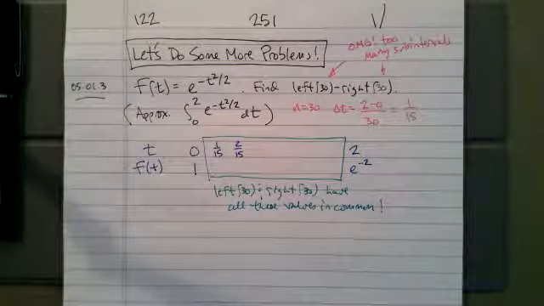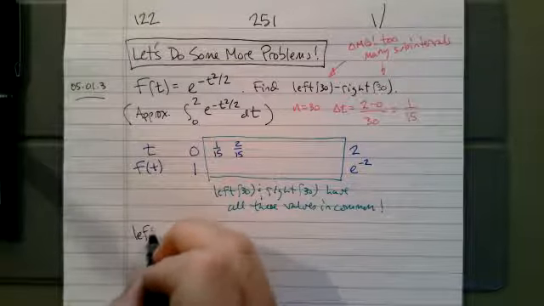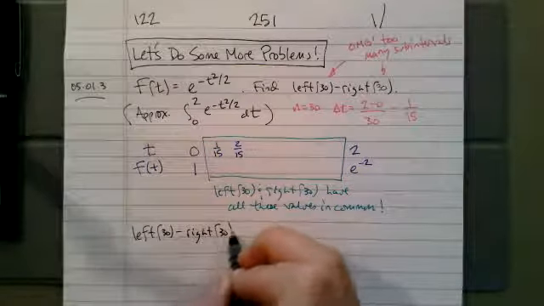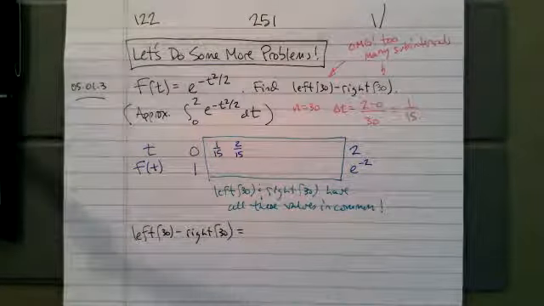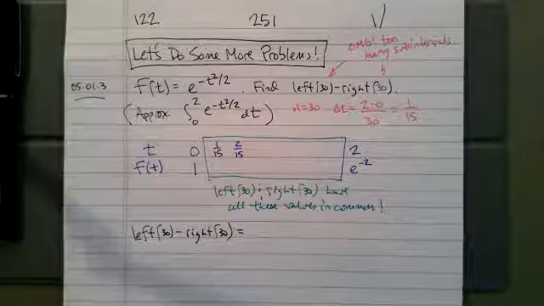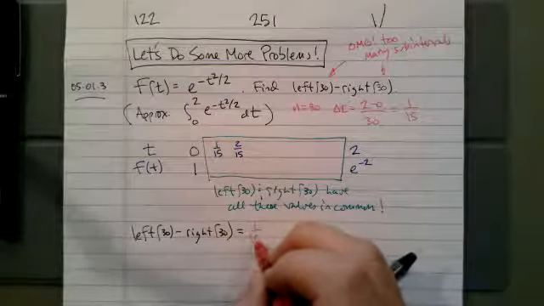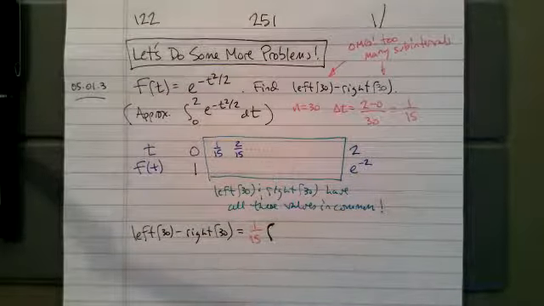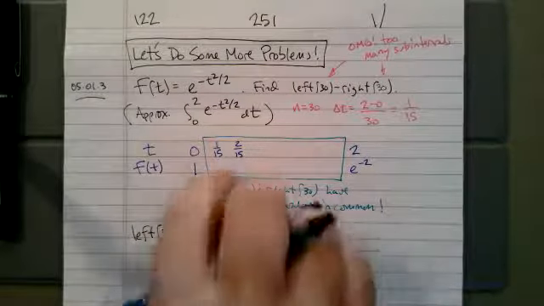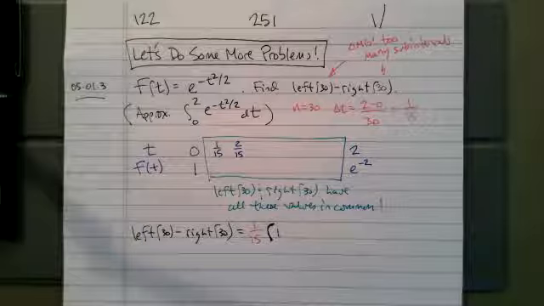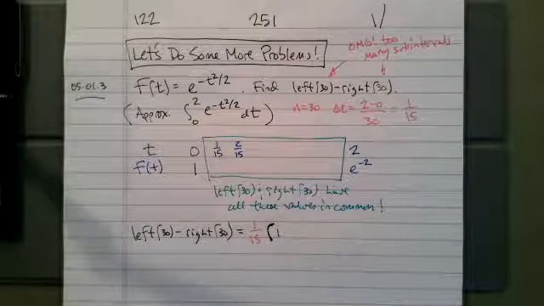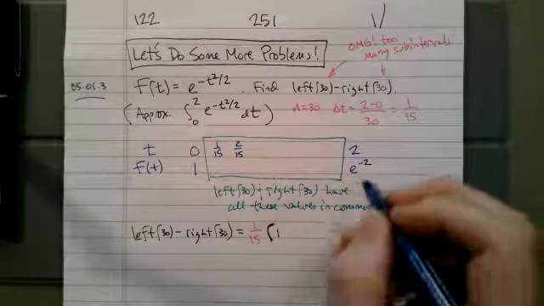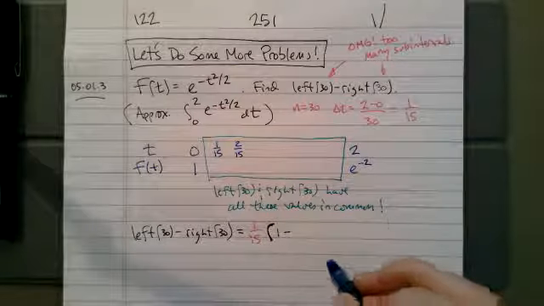So we can calculate left 30 minus right 30. We're going to have a delta t of 1/15. The first left will be a 1. The second left will be what happens at 1/15, but that is the first right, and they'll cancel out because we're subtracting. So all the stuff cancels, and then we'll just be subtracting e to the minus 2.